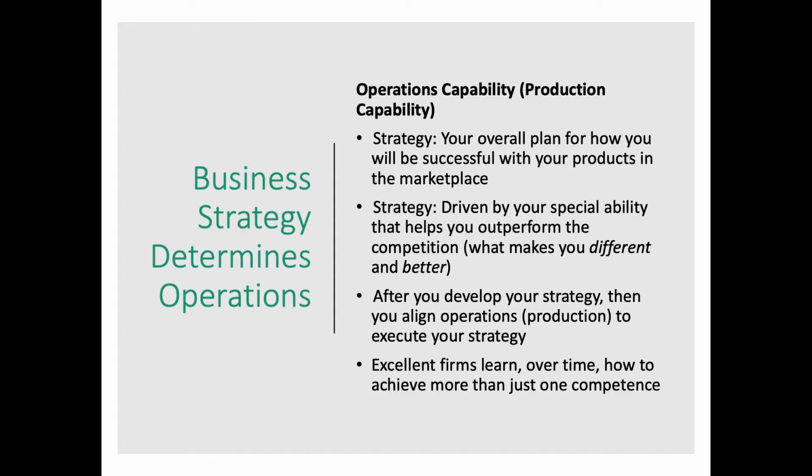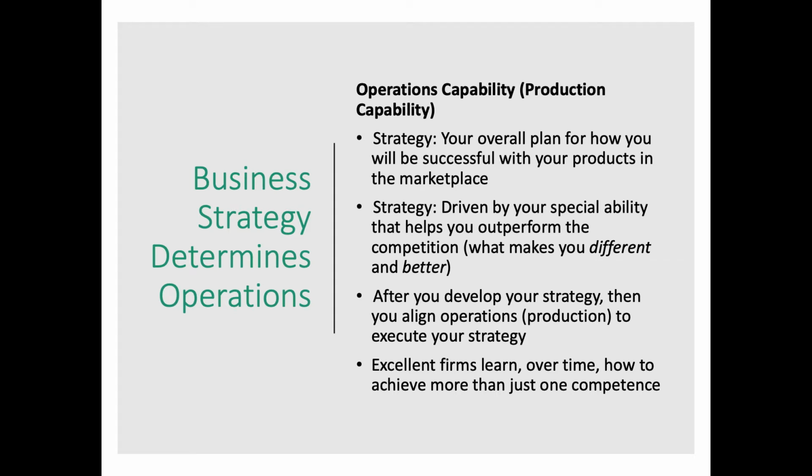Now you can see on the slide, after you develop your strategy, your overall plan for how what makes you different and better is going to drive how you will be successful in the marketplace, then you align operations, your production plans, to execute your strategy.